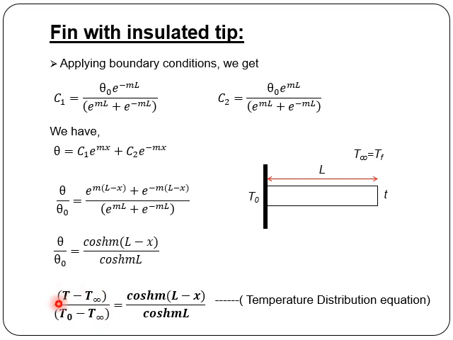I can easily obtain the value of T at any location along the length of the fin. So just go on substituting the value of x, you will get the value of temperature at that location. So this temperature distribution equation can be used for designing the fins.